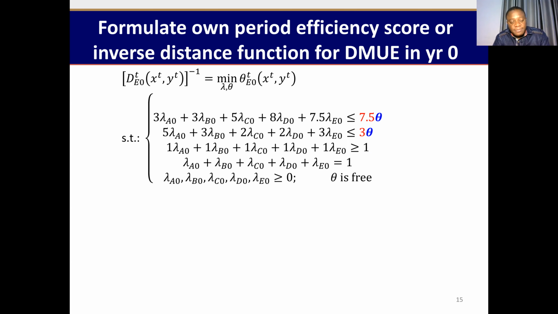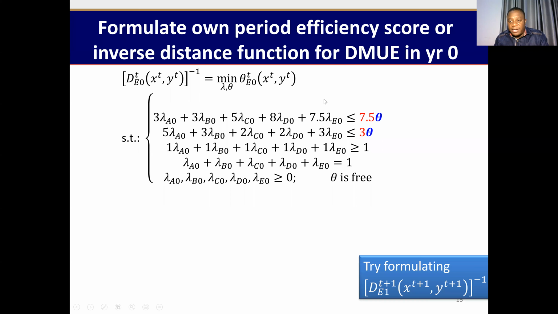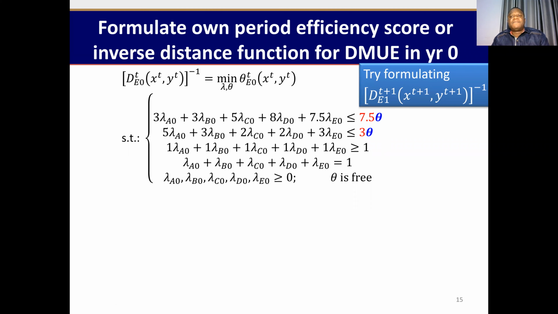Okay, Doc. So we'll have D_0 raised to the power T. Now remember, you are doing it for a firm in year 1, not year 0. Yes. So it will be T plus 1, into brackets X^(T+1), Y^(T+1). No, start with a D. Say D what?